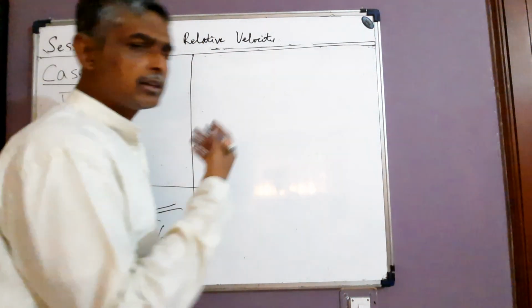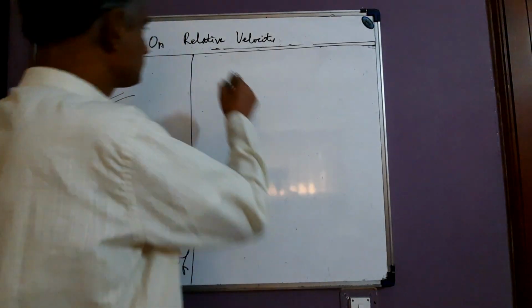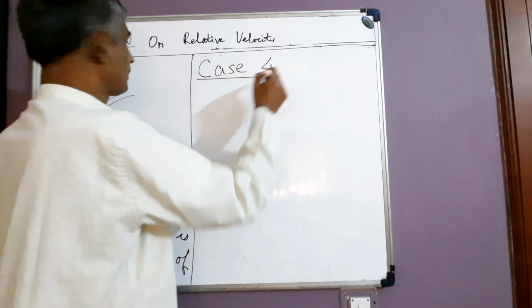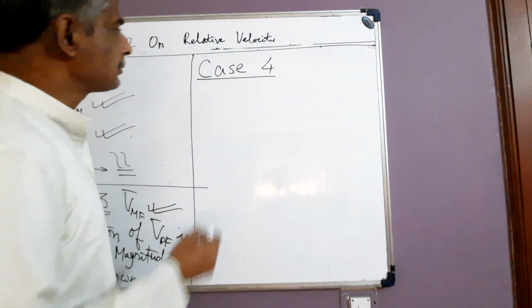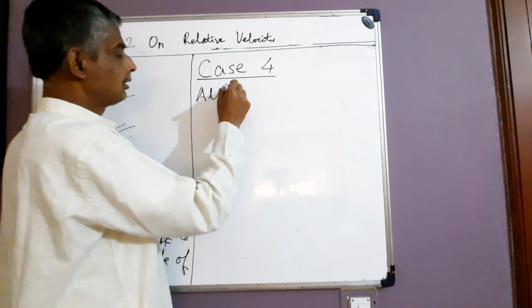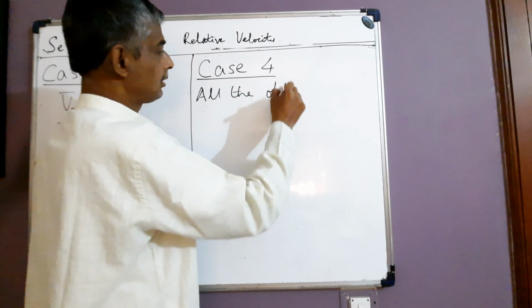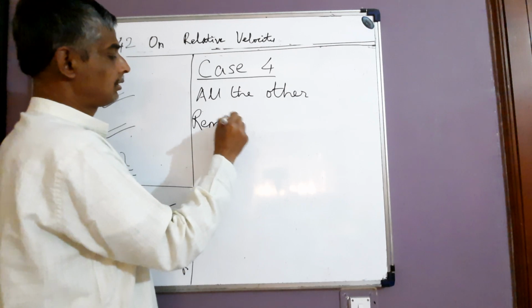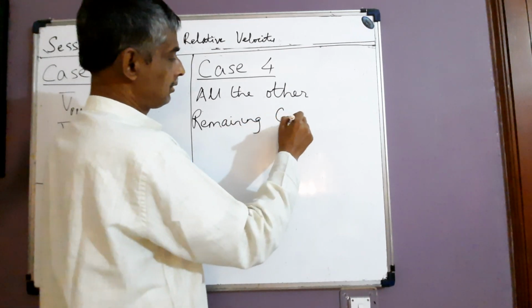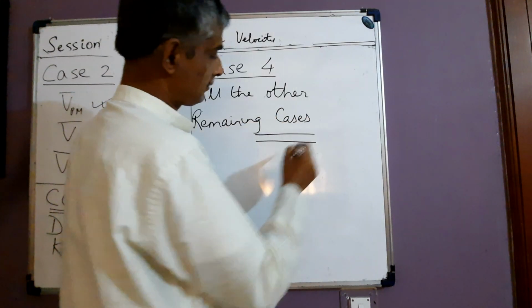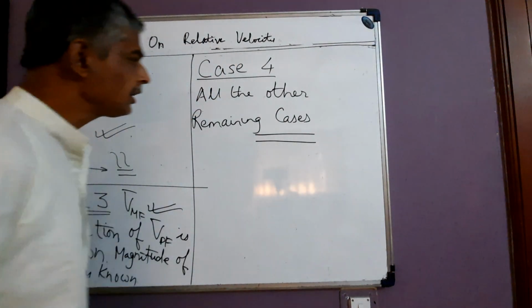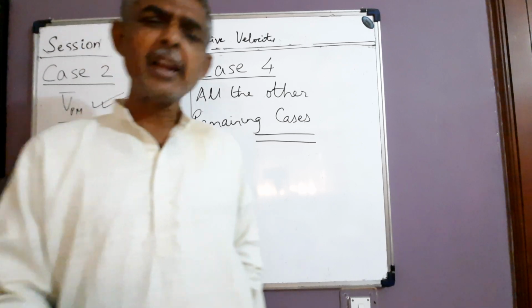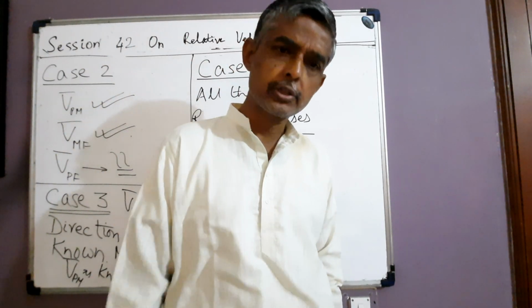All the other remaining cases will come in case 4. In case 1, case 2 and case 3, we can outline a general procedure for solving such classes of questions.